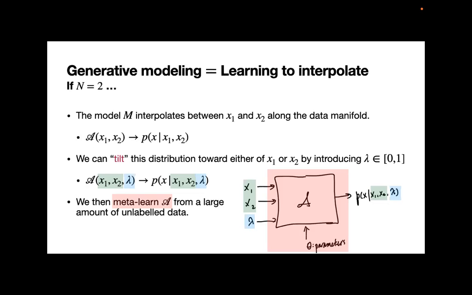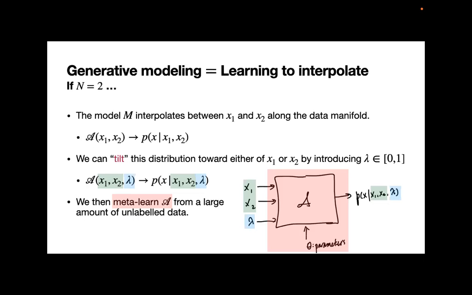And then of course, we can tilt this distribution so that the importance of x1 and x2 is controlled by our choice of this interpolation coefficient lambda. So we now have a generative learning algorithm A that takes as input 2 data points and the importance of one of them, that is the mixing coefficient, and gives me a distribution that allows me to sample an interpolated version between x1 and x2.